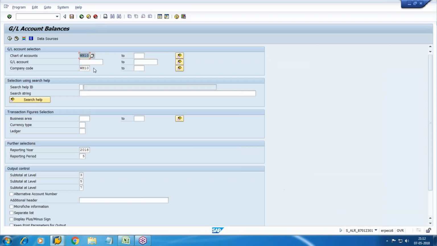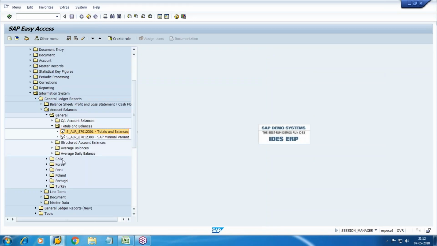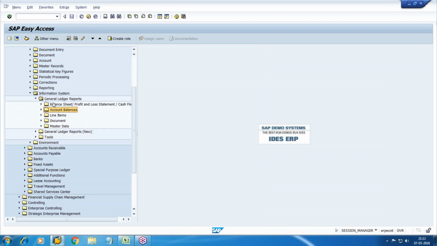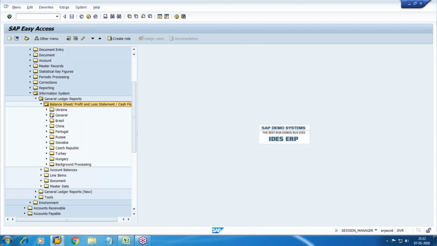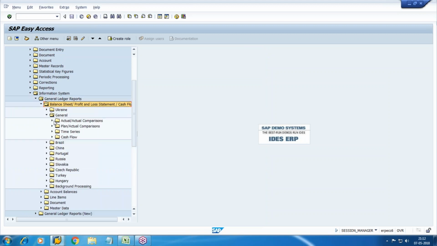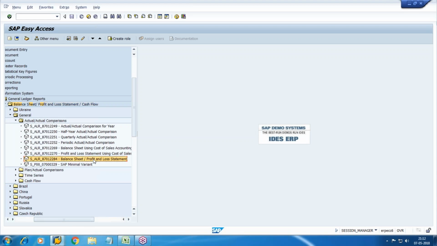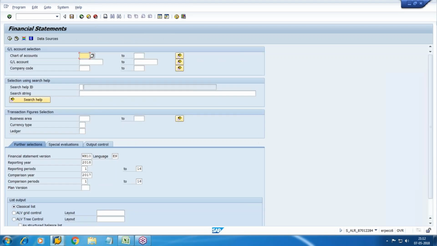So now we will run the report. Balance sheet, profit and loss statement, general.